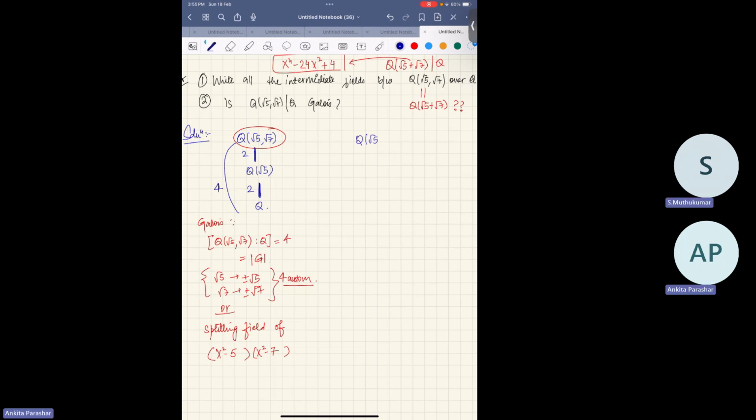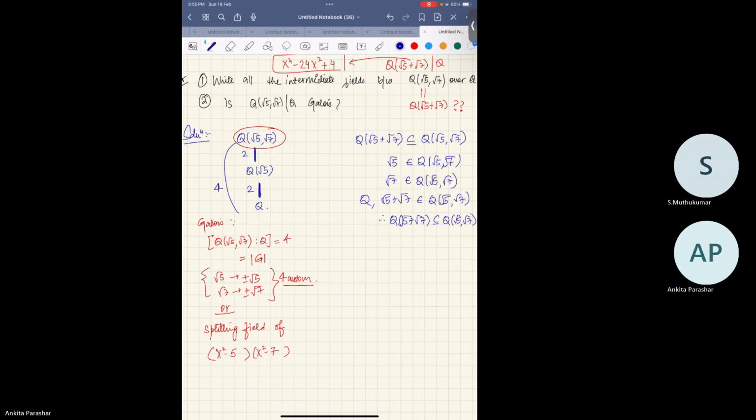Q of root 5 plus root 7 is contained in this. Why? Because root 5 belongs to this, root 7 belongs to this, and since it is a field, root 5 plus root 7 also belongs to this. Therefore, the field generated by the sum is also contained.